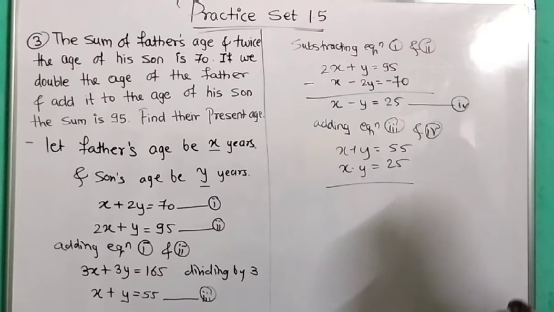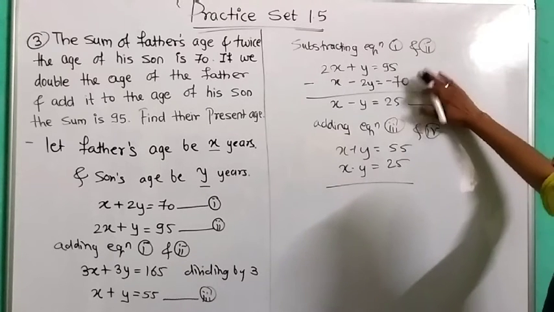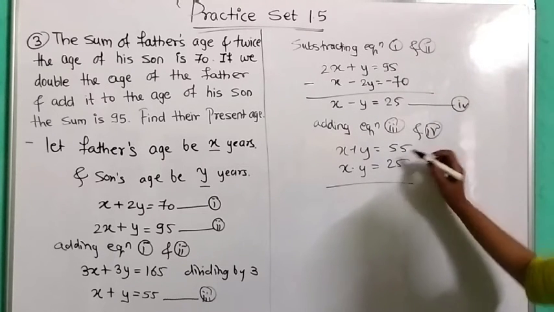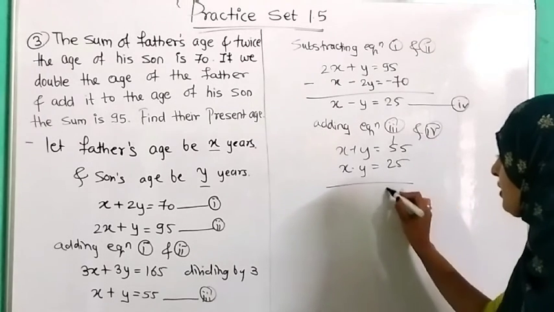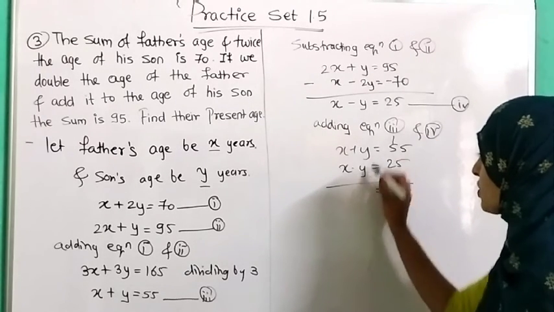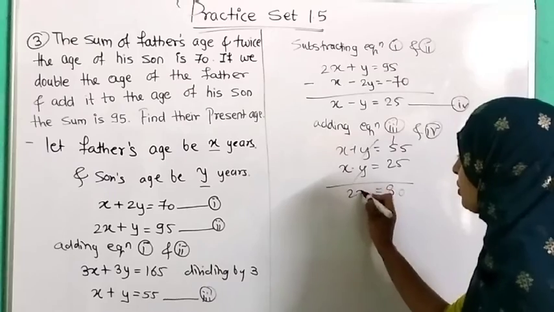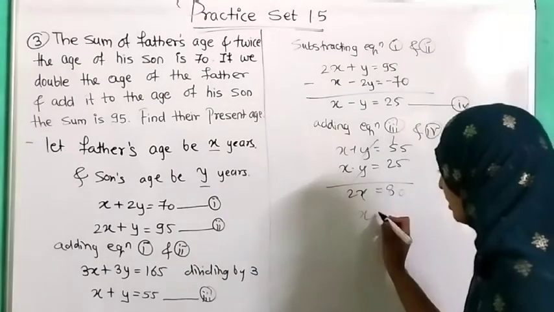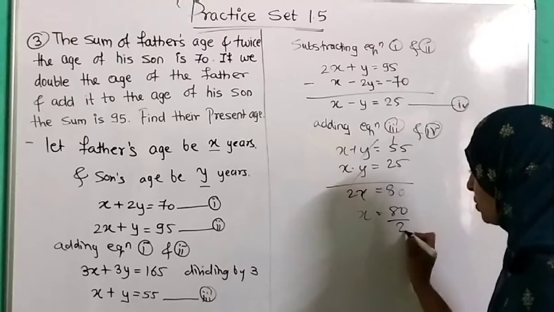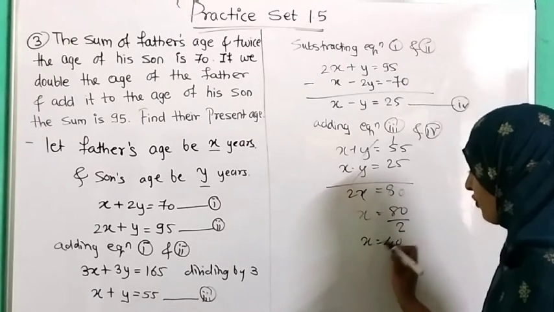Now we are adding the equations. So 55 plus 25 is 80, and x plus x is 2x. Means we get here 2x is equals to 80. If we divide 80 by 2, then x is equals to 40.